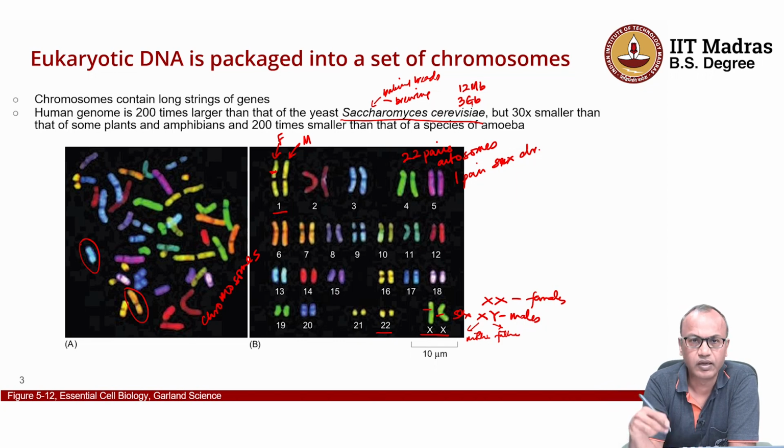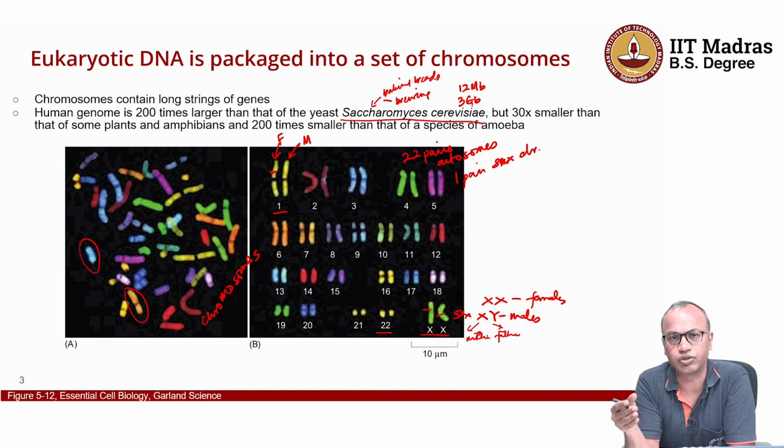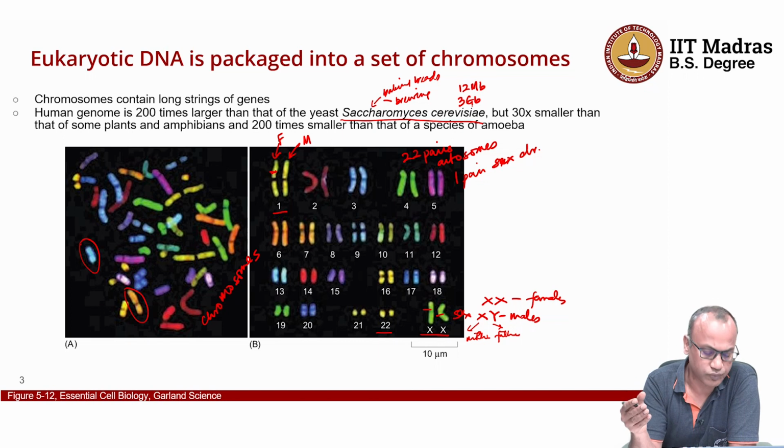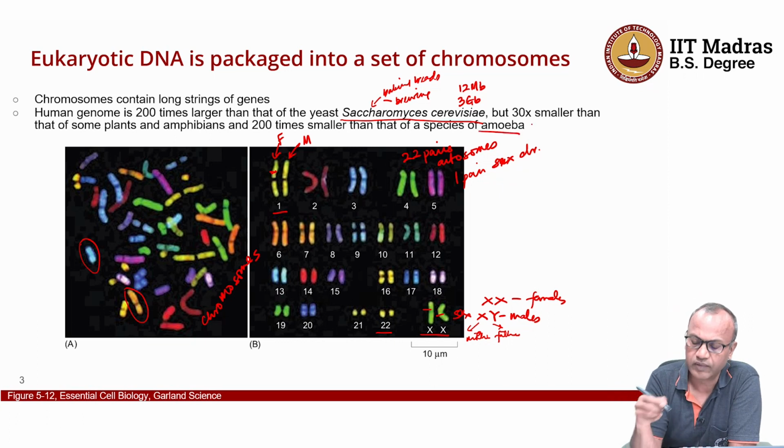Different organisms have different sizes of genome, and as the complexity of the organism increases, the size of the genome increases. But that's not always true, because there are certain plants, amphibians, and even species of unicellular amoeba that have higher amounts of DNA in their nucleus.